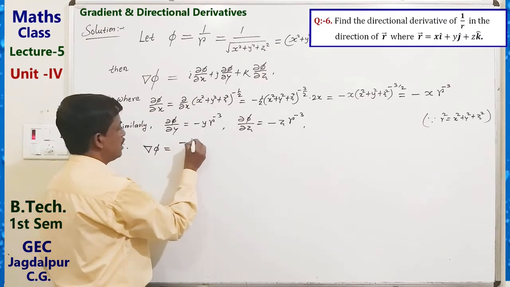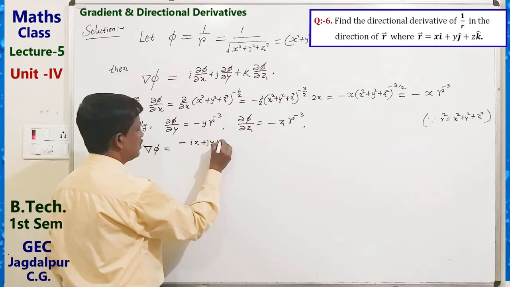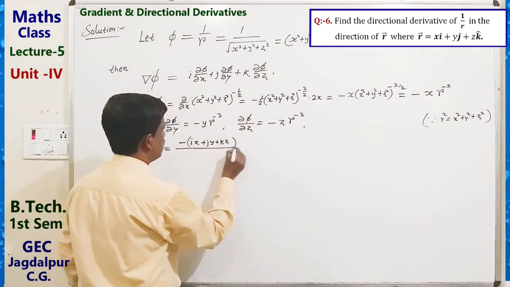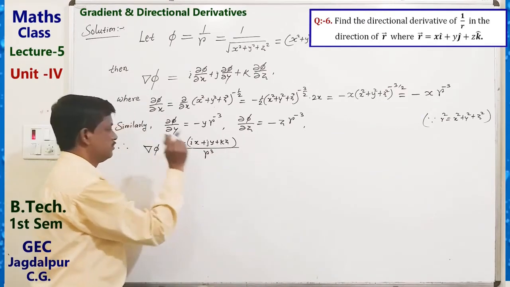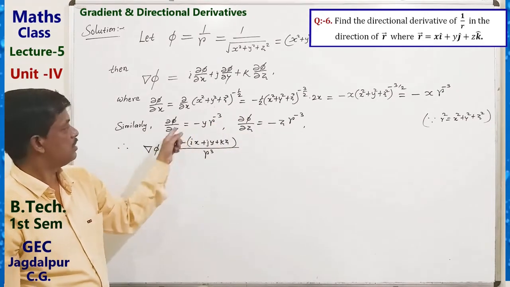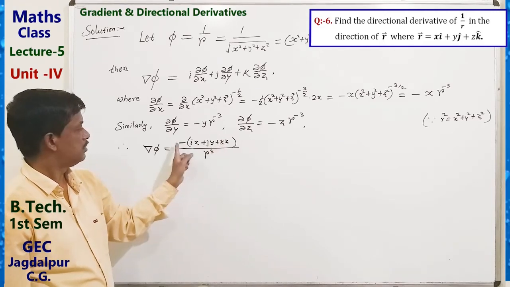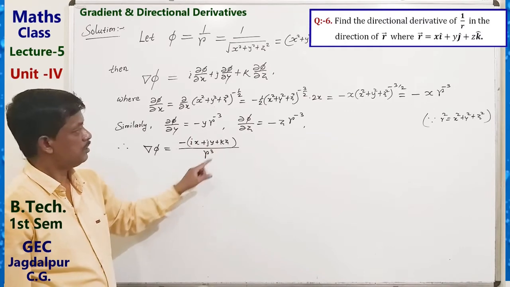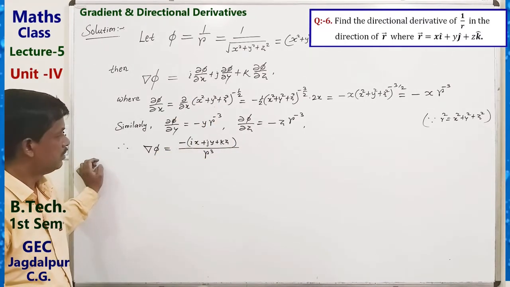So minus i x, j y, k z upon r to the power 3. You can write it like this: minus xi minus yj minus zk upon r to the power 3. This is del phi. Okay.